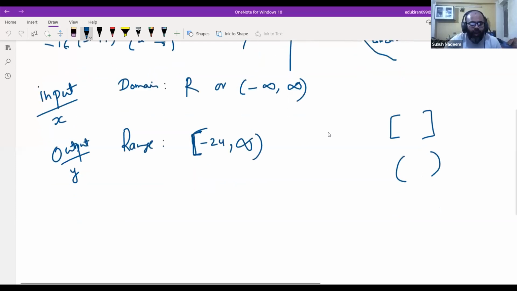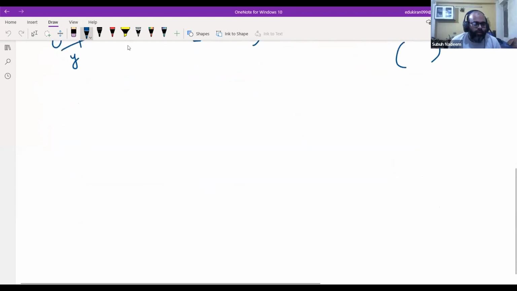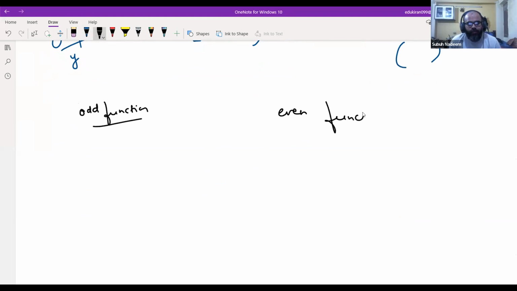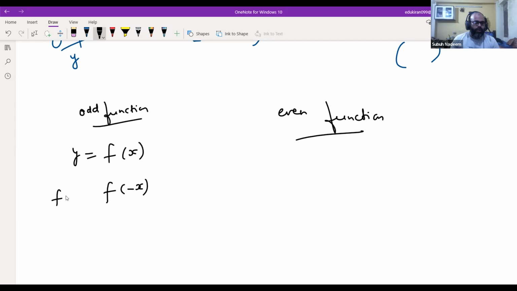So here, what we have is two types of functions. It may be possible it is none of them. So one is odd function, another is even function. So what are odd functions and what are even functions? Basically, when we take a function y = f(x), and in place of x we insert minus x as the input and find the value of f(-x), and you get the same output as f(x) with a negative sign.